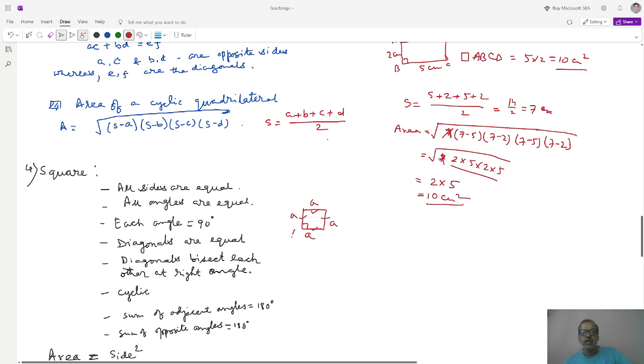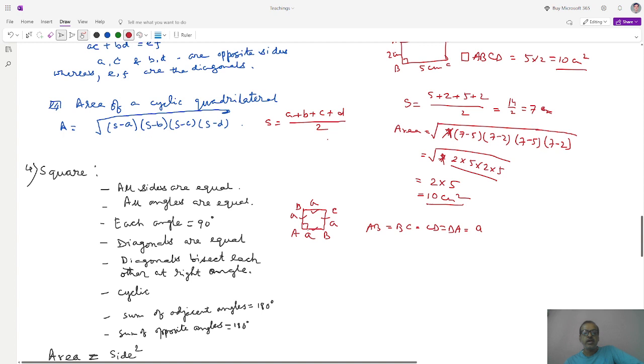Here I have drawn a square ABCD whose all sides are equal to a. That is, AB equals BC equals CD equals DA equals a.